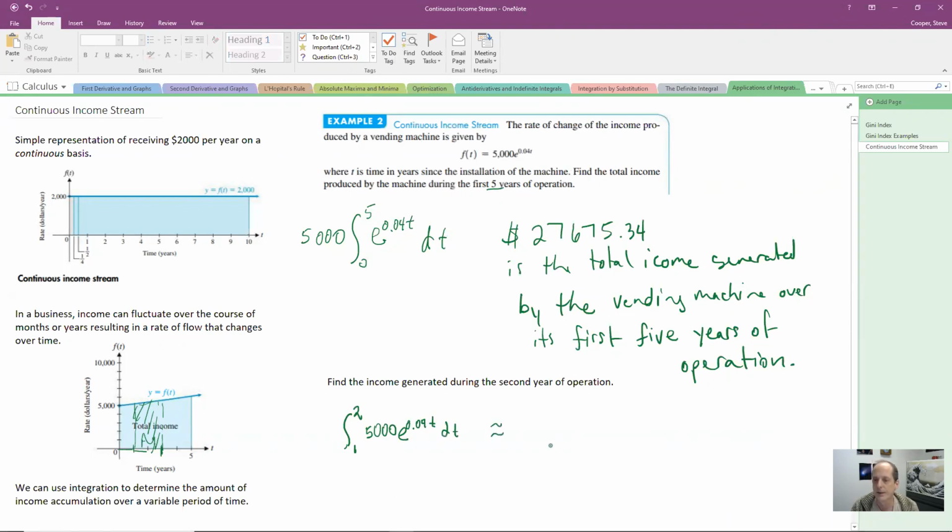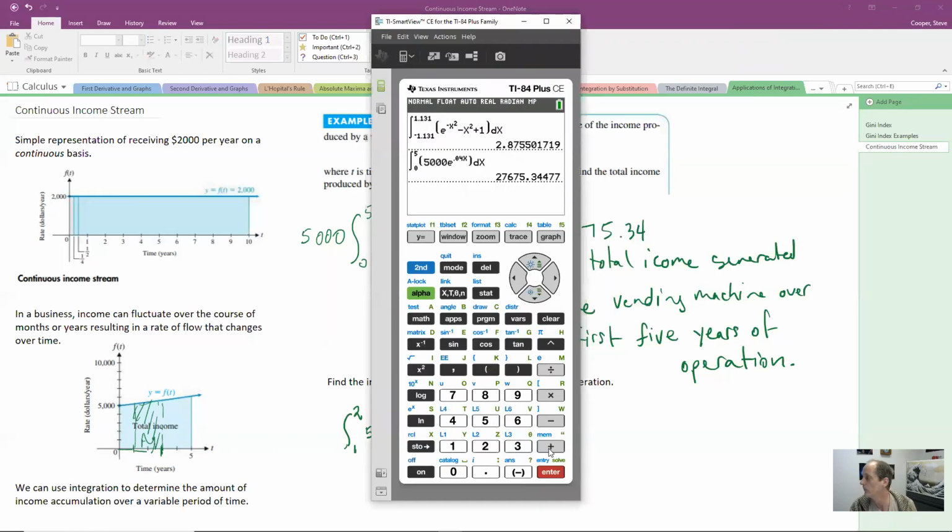Okay, so just a slight change in our calculator.